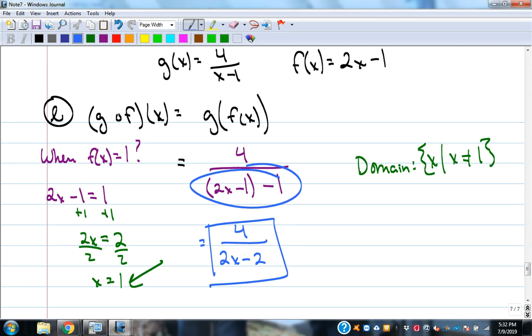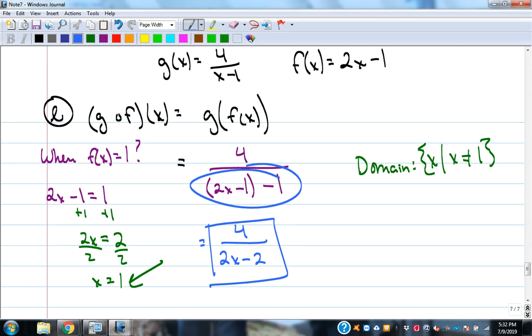A lot of the questions that you'll see on the final and on Canvas quizzes and even in this textbook are not asking you for the composite function. They're just asking you for the domain of the composite function. So you don't have to do all the algebra it takes to do the composite function. You just got to be able to visualize what the domain is going to be of that.